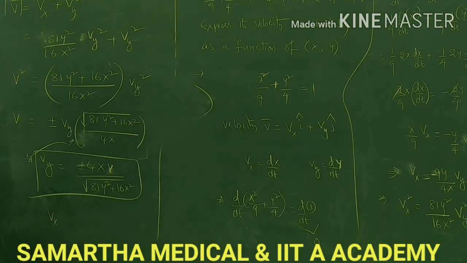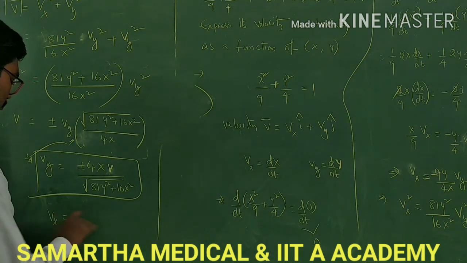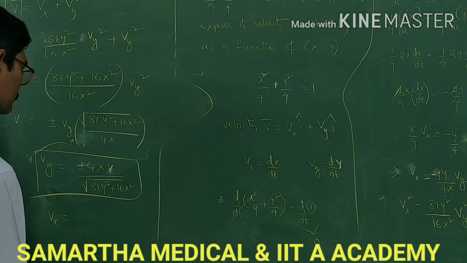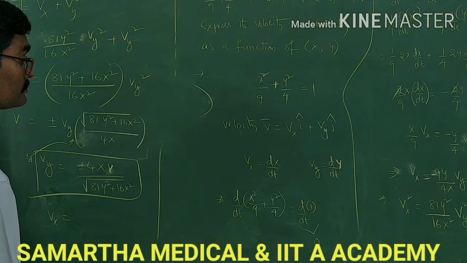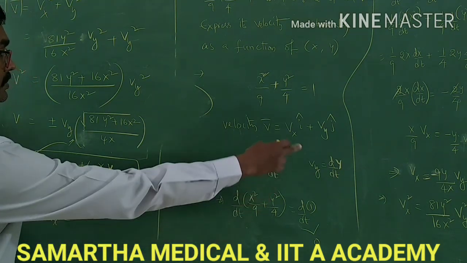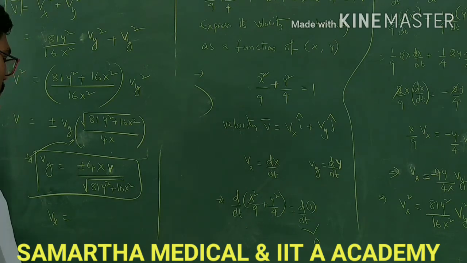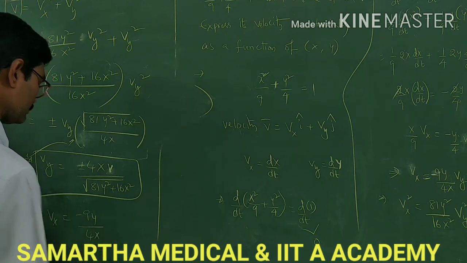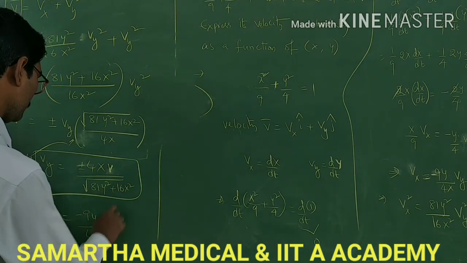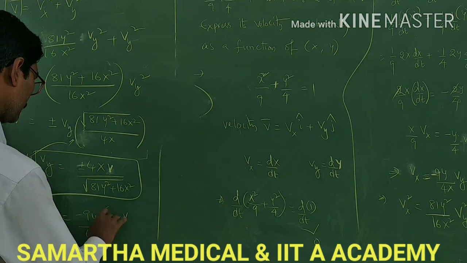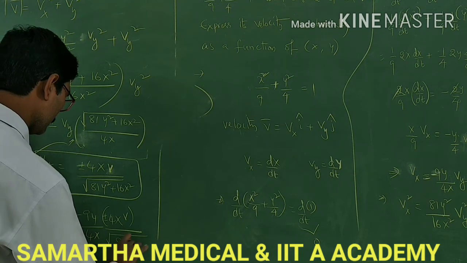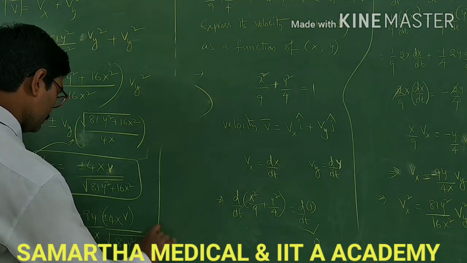Vx is what? Vx equals minus 9y by 4x into vy, that is, minus 9y by 4x into plus or minus 4xv by root over 81y square plus 16x square.